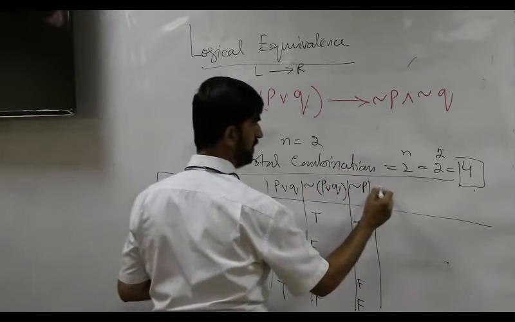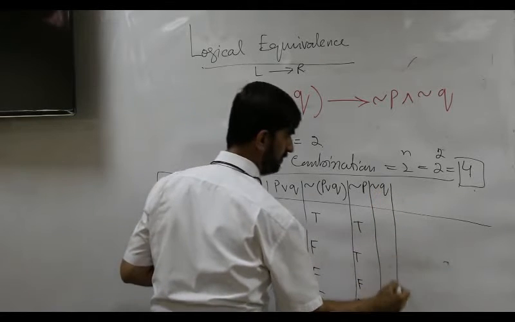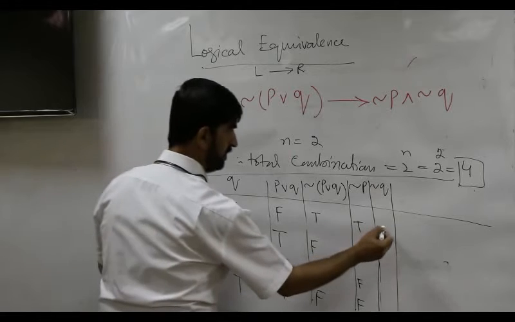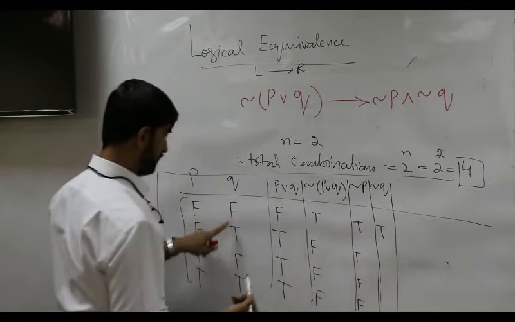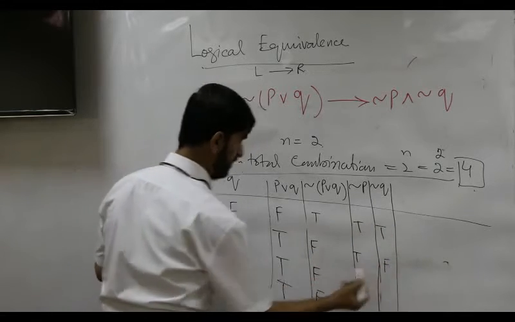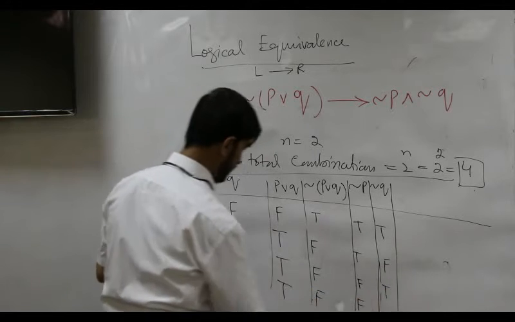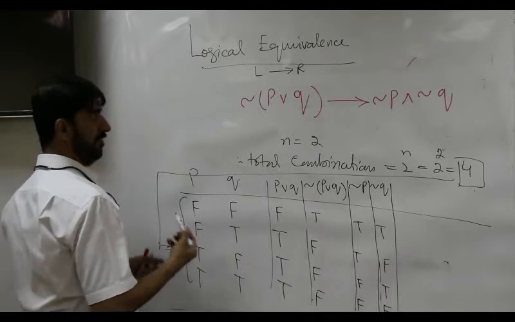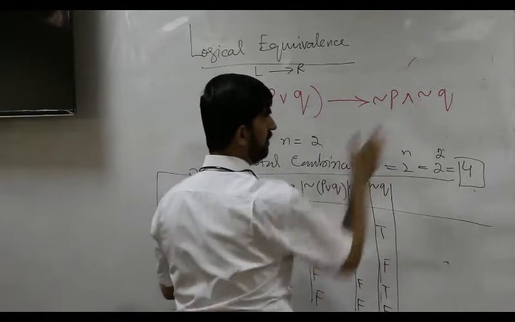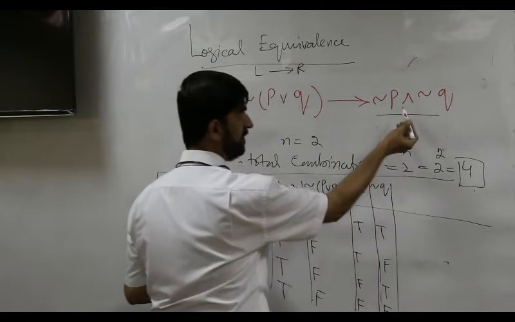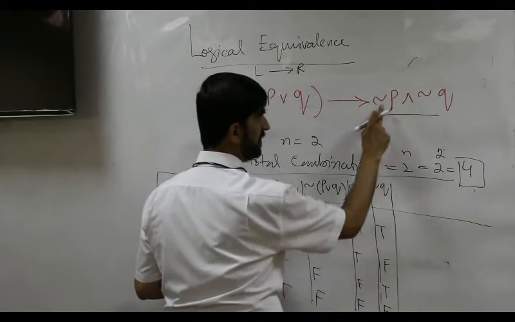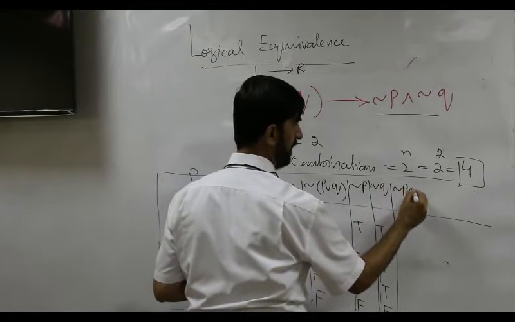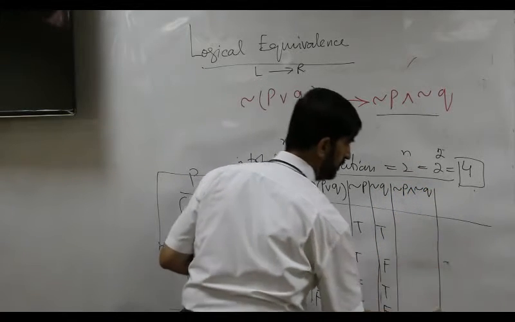Now we will solve not Q. Negation of false is true, negation of true is false, negation of false is true, negation of true will be false. Now, we will solve conjunction. Next priority will be given to conjunction. The conjunction is between not P and not Q.